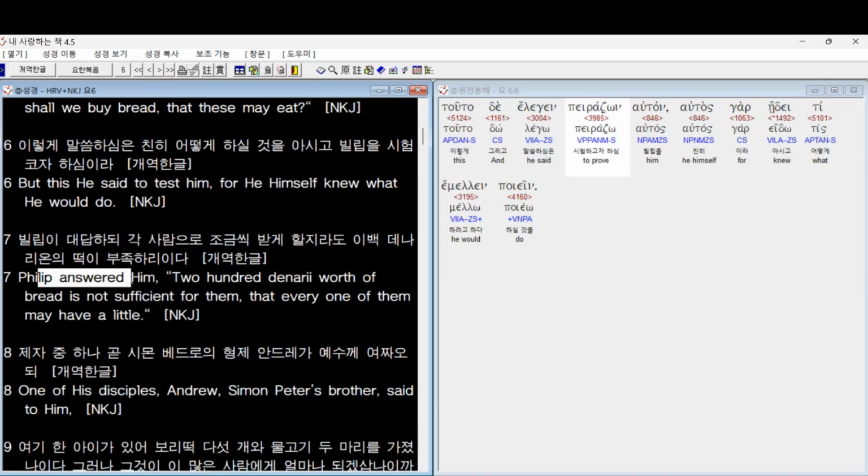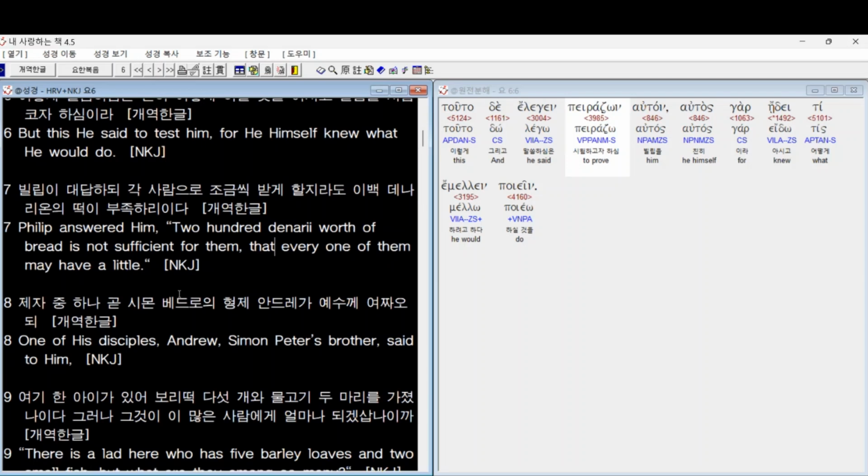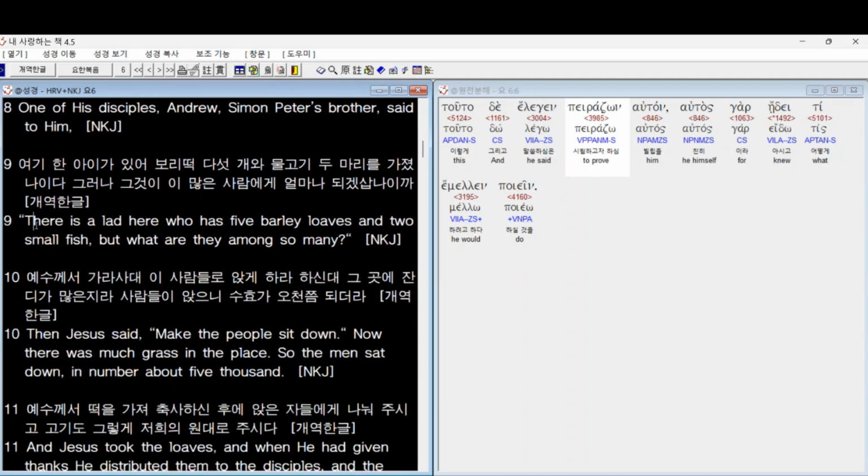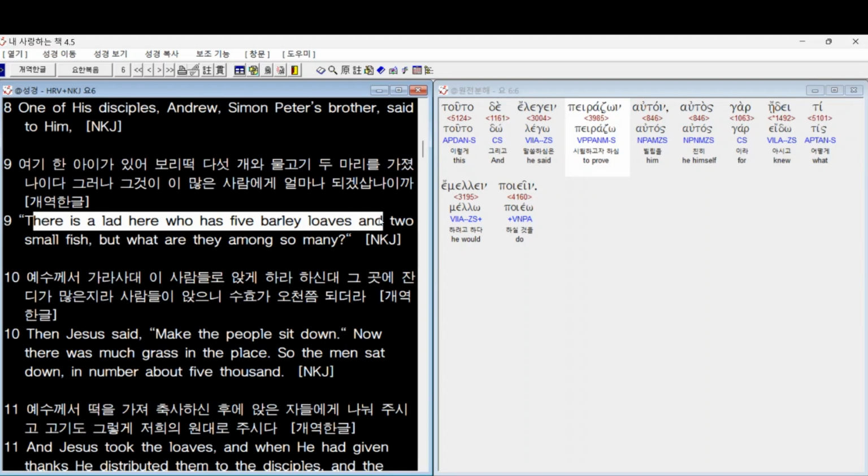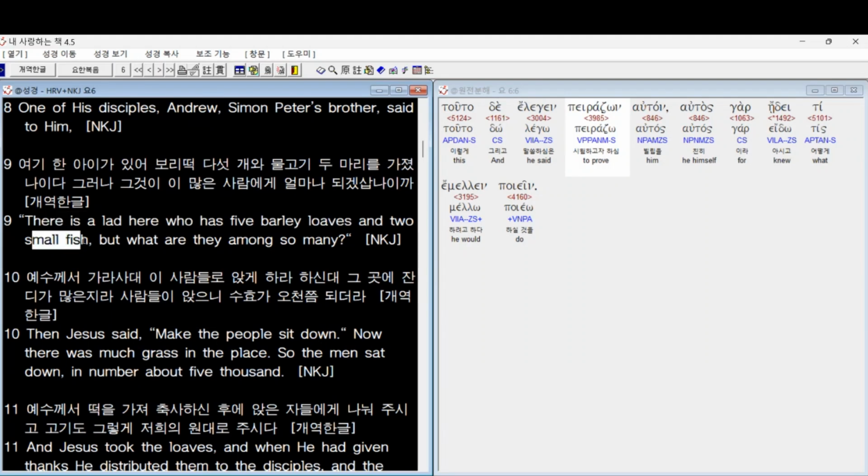And then Philip answered him, 200 denarii worth of bread is not sufficient for them, that every one of them may have a little. Coming down to verse 9, there is a lad here who has 5 barley loaves and 2 small fish. Using the 5 barley loaves and small fish, Jesus is showing the sign.